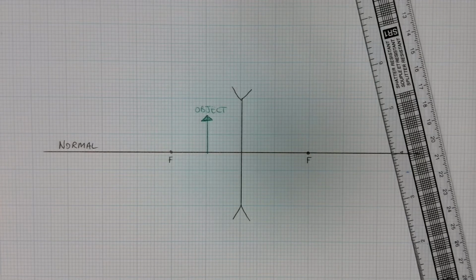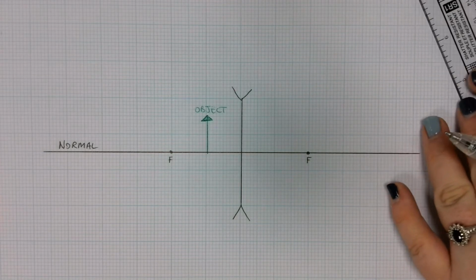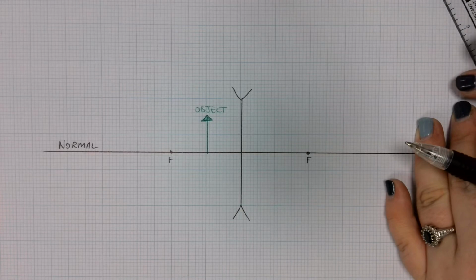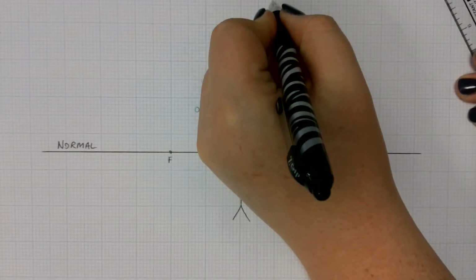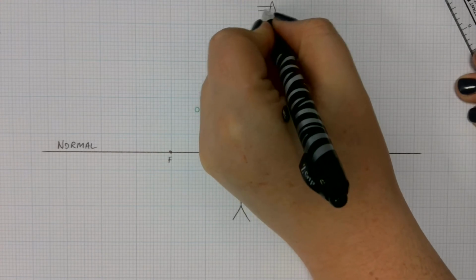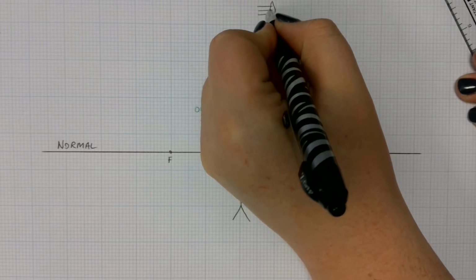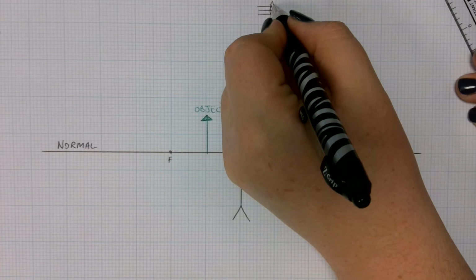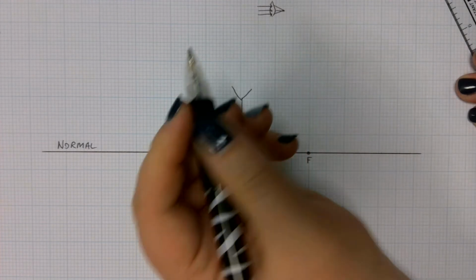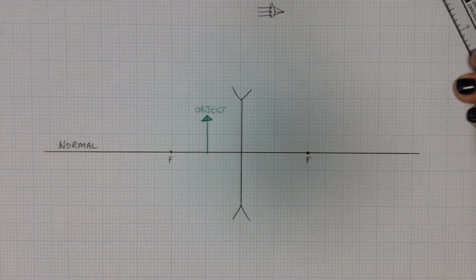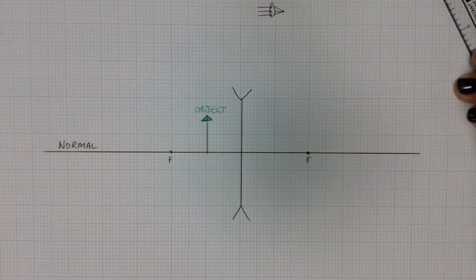Okay, so let's just remind ourselves what a concave lens does in comparison to a convex lens. So I'll draw a quick sketch of a convex lens that we did yesterday, and we knew that the light rays go towards the focal point, or get bent towards the focal point.